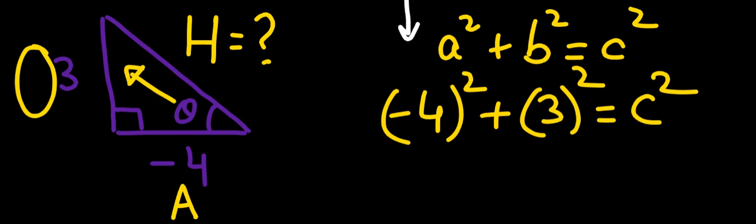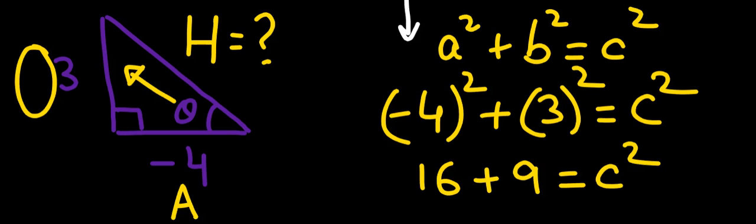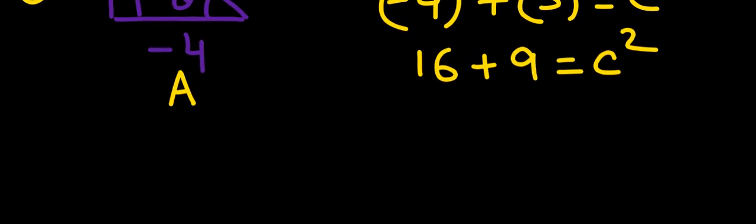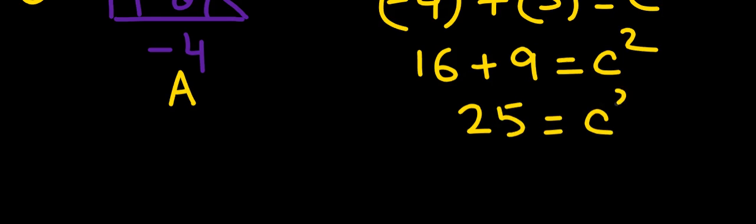It does not matter, you can take any of the legs of the triangle as a and b. You'll still get the same result. So -4 squared is 16, 3 squared is 9, equals c squared, and 16 plus 9 is 25, 25 equals c squared.